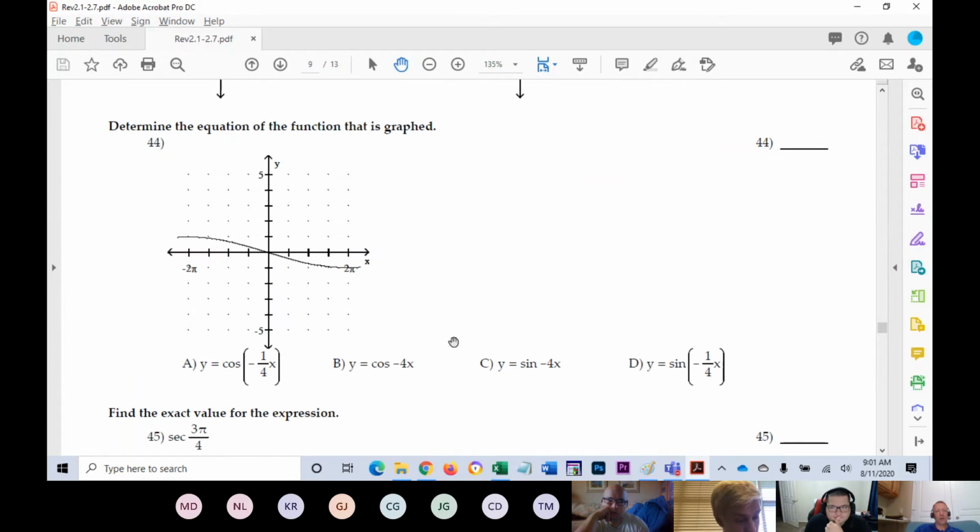Determine the equation of the function that is graphed. So first of all, what's the period on what we have graphed so far? We've only got a half a period graphed, right?